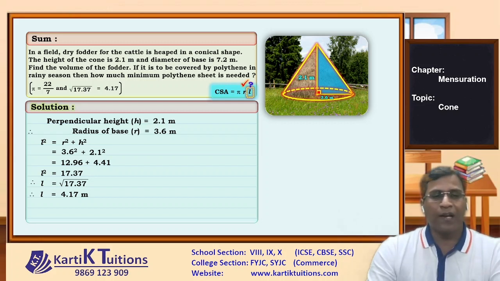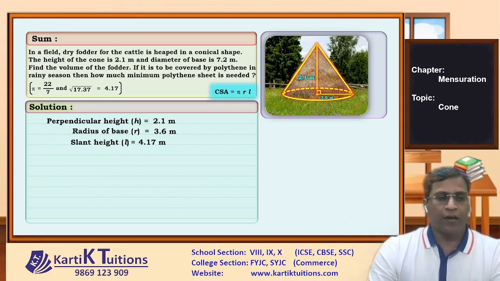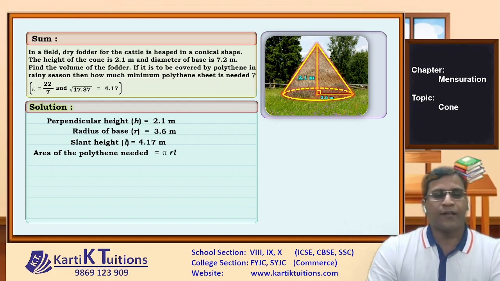अगर क्वेश्चन में कोई डेटा दिया है ना तो उसका कहीं ना कहीं इस्तेमाल होता होगा. So you have to be very particular what is given and you should use your presence of mind to correlate it. Now here, if you observe, we got the value easily because it was already given to us. The next part. After this, we have to find the curved surface area. Why? Because we need to find the polythene needed. So here, the polythene needed is curved surface area, that is pi rl.